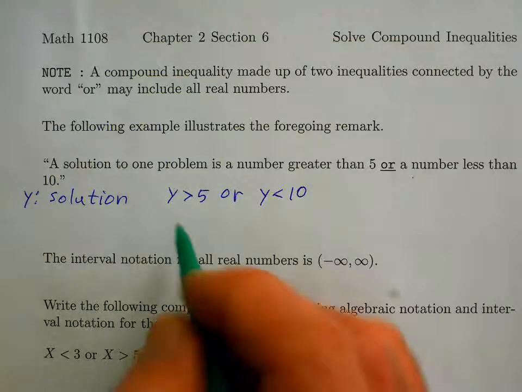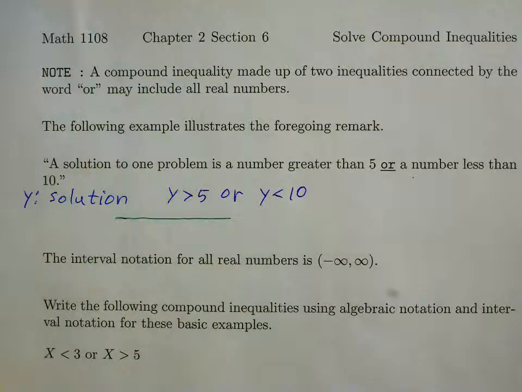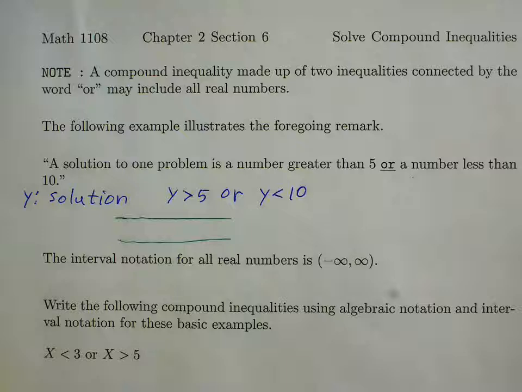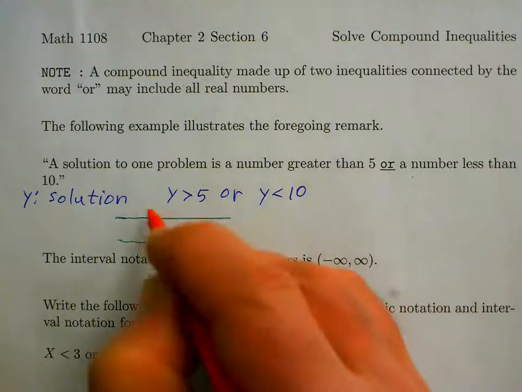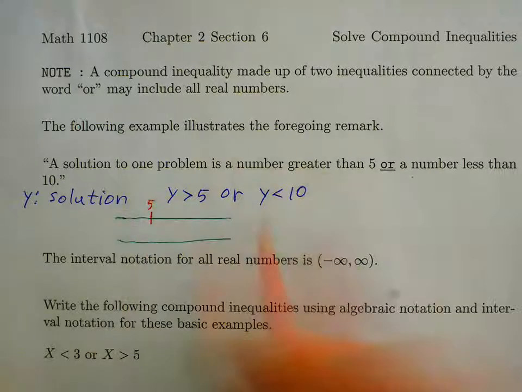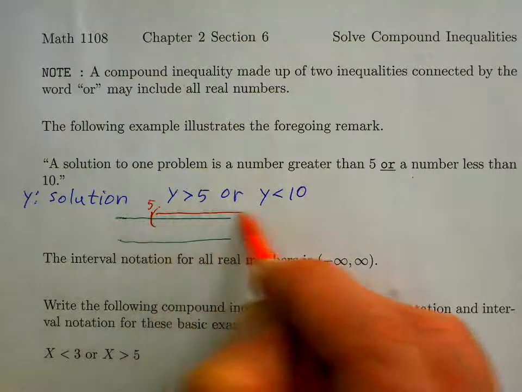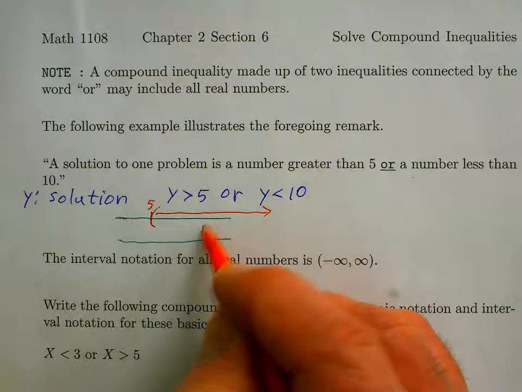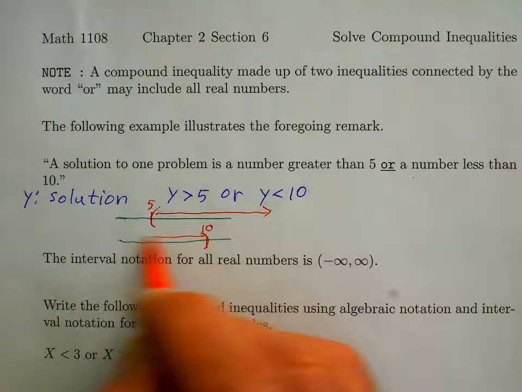So graphically, if we look at two graphs, one where y is 5. So if y is greater than 5, it's all of the numbers to the right of 5. And if y is less than 10, it's all of the numbers to the left of 10.